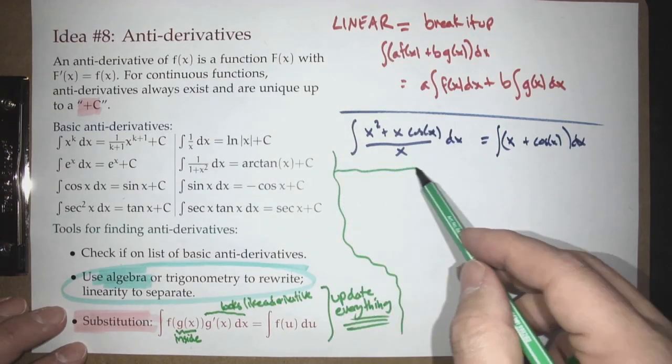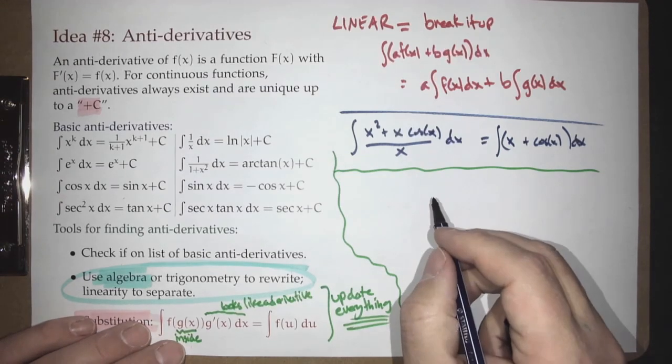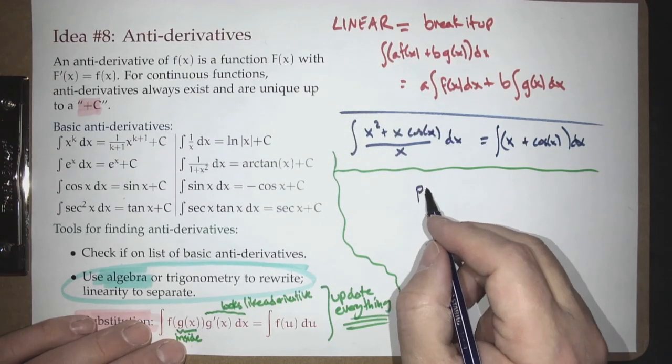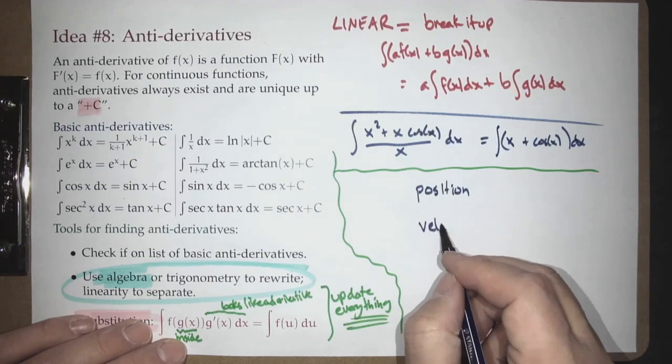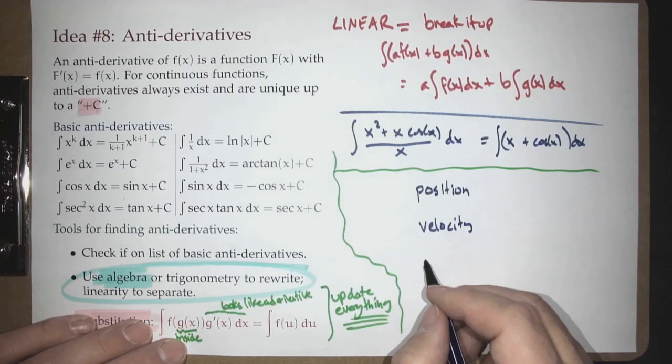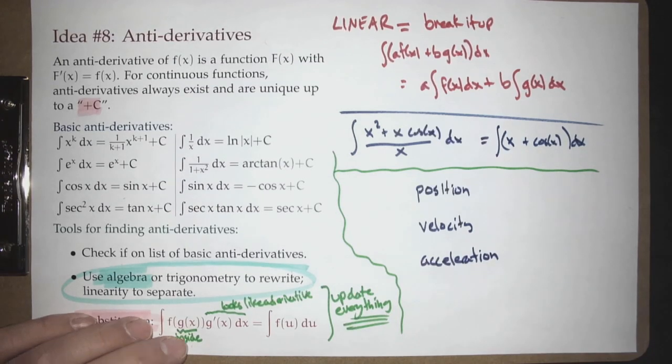Now, this is a good point to mention motion, because motion is a fun problem. We oftentimes use that as nice problems and word problem type things. And you might say, well, suppose I look at position versus velocity versus acceleration. How do these relate?